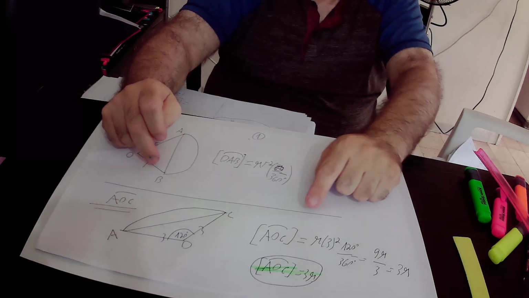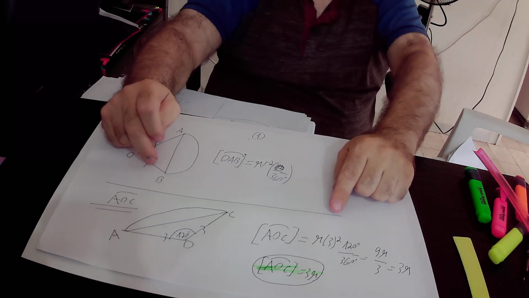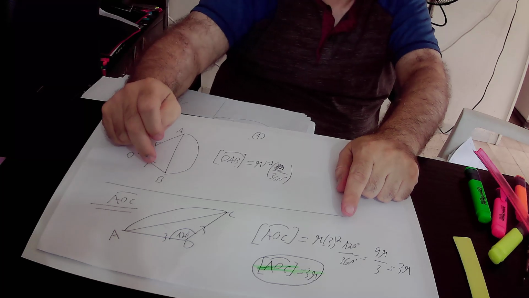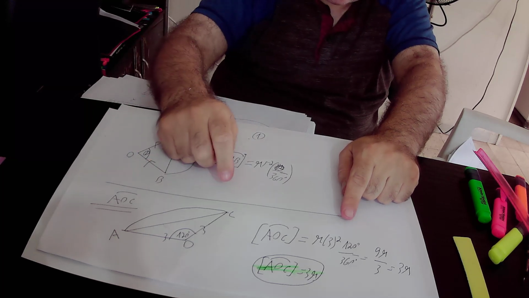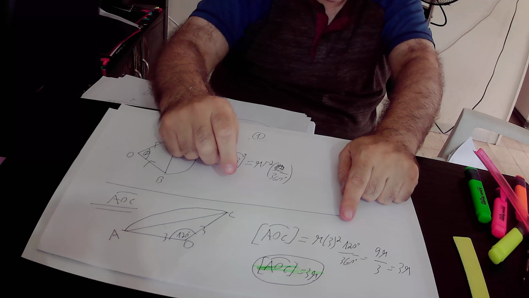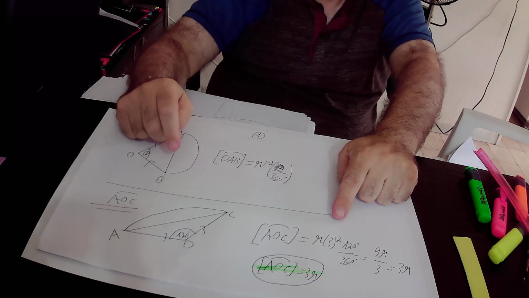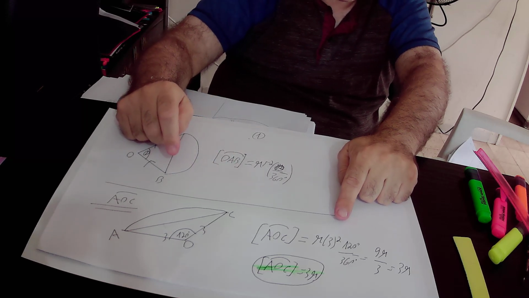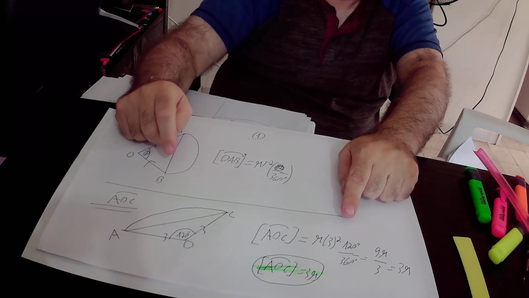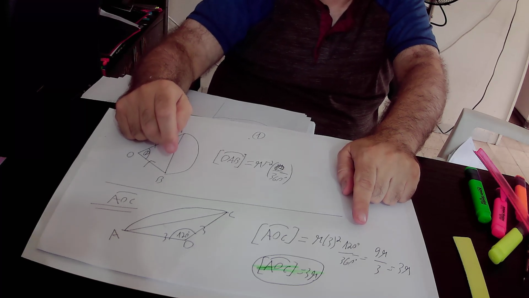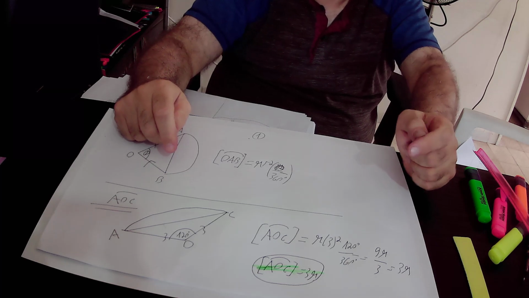So according to the new formula, the area of this sector, sector AOC, will be equal to pi r squared. R is 3, so r squared is 3 squared, so pi r squared is pi 3 squared times theta, which is 120 degrees over 360 degrees.